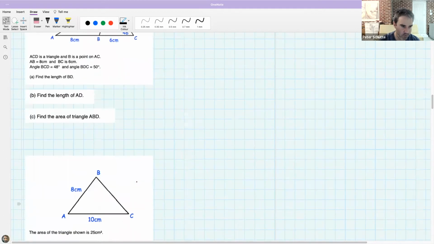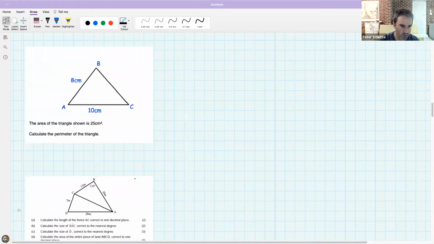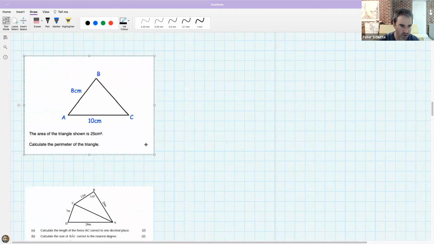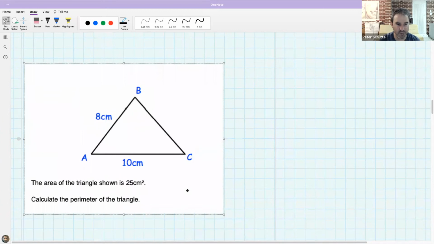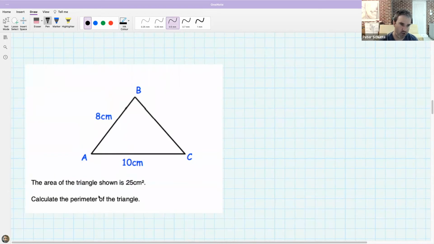Let's do this question. Actually, no, let's do this question. Okay. Different type of question. If somebody is willing to come online or answer in the chat: in this question, you are trying to find the perimeter of the triangle, but you are given the area of the triangle.